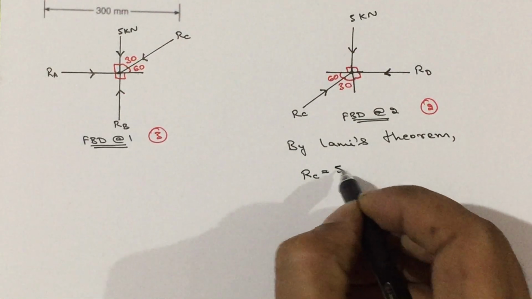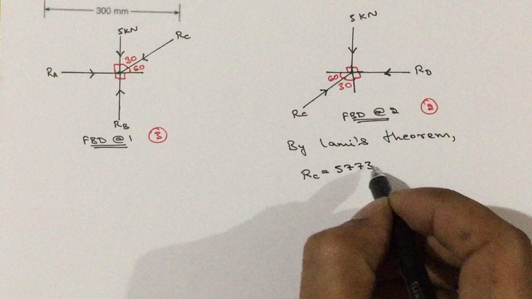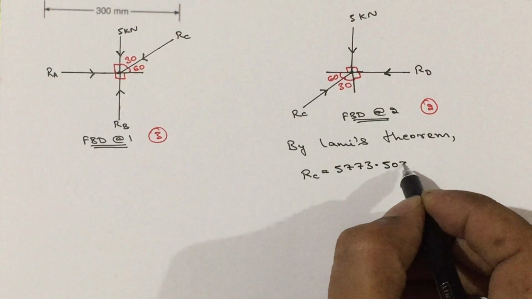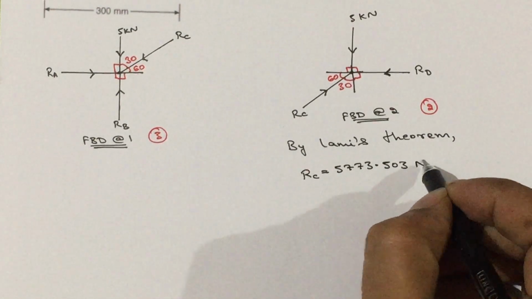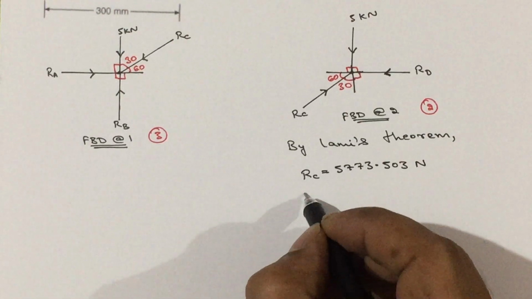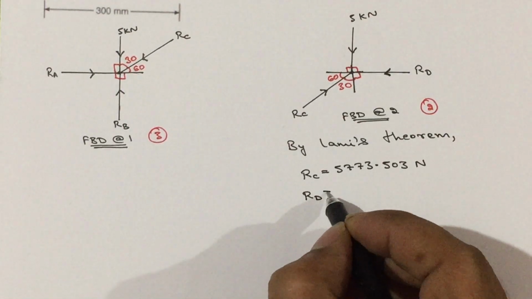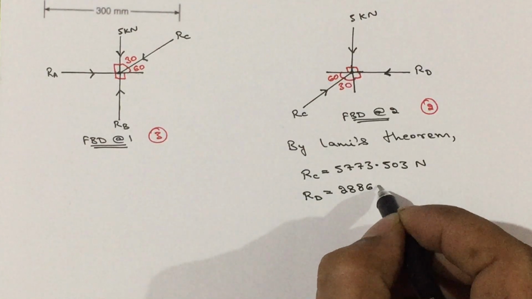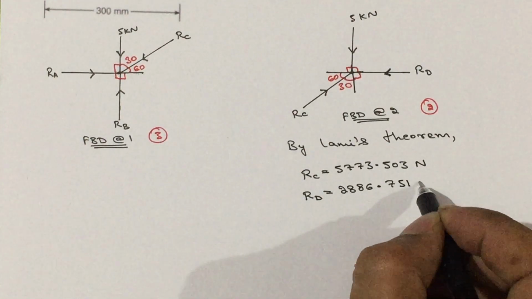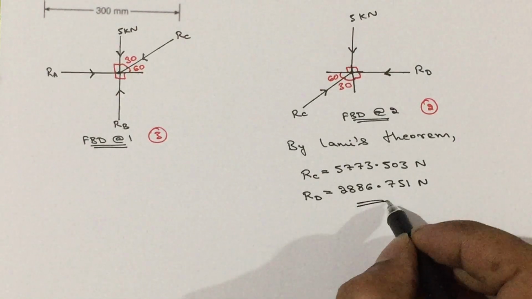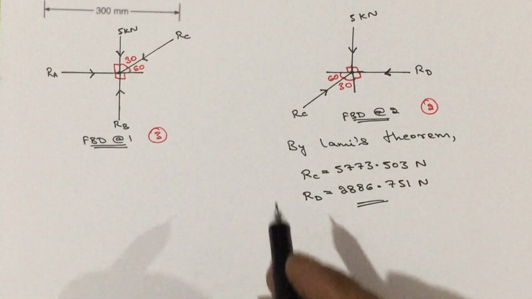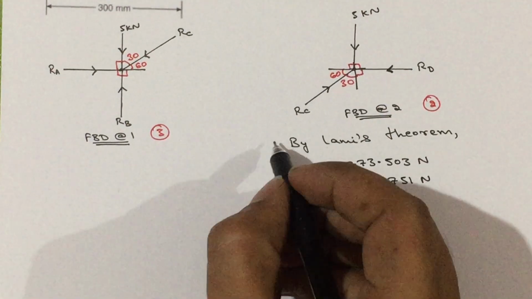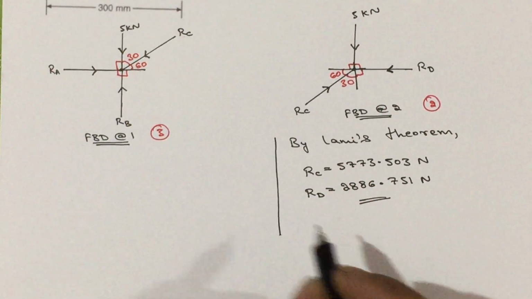RC, you are going to get as 5773.503 Newton. Then RD, you are going to get as 2886.751 Newtons. Okay. Then once you solve this free body diagram by using Lami's theorem, we will go for another free body diagram.